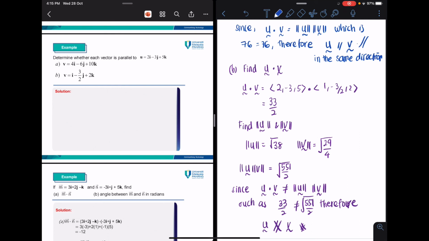So obviously U dot V is not equal to the magnitude of vector U times the magnitude of vector V, such that 33 over 2 is not equal to √551 over 2. Therefore, U is not parallel to vector V. So as simple as shown in the calculation. So I hope you get the way to present the parallelness between two vectors.